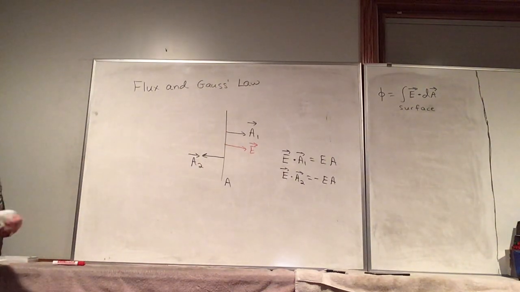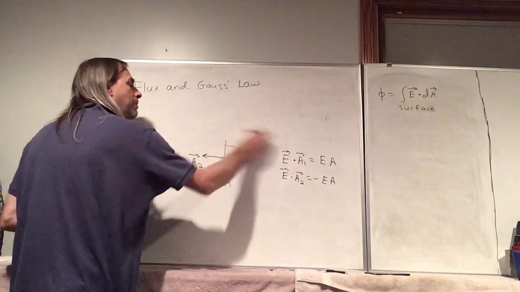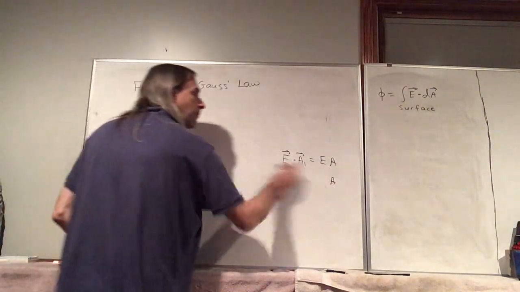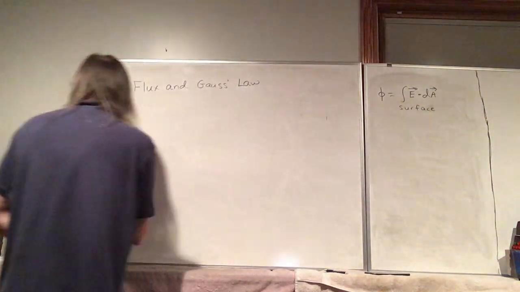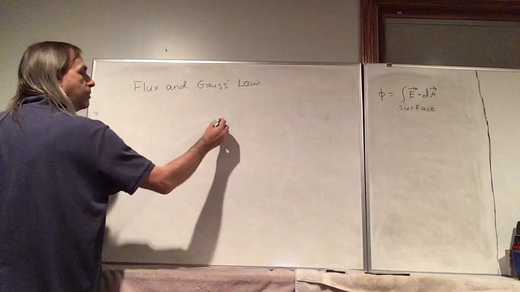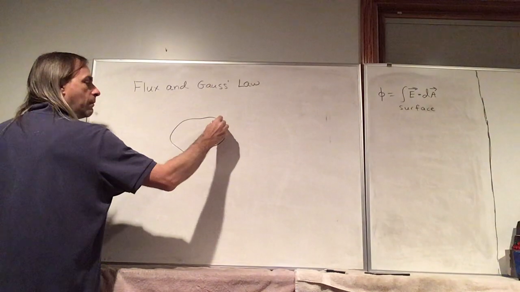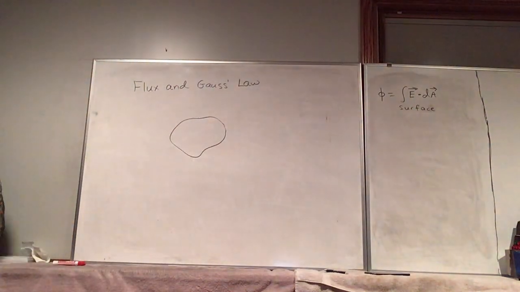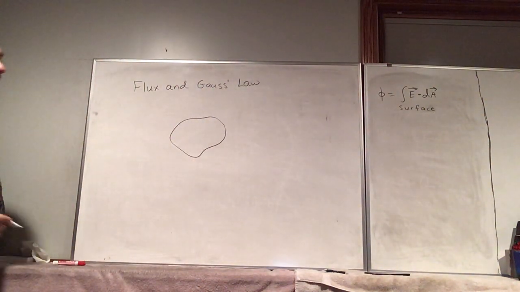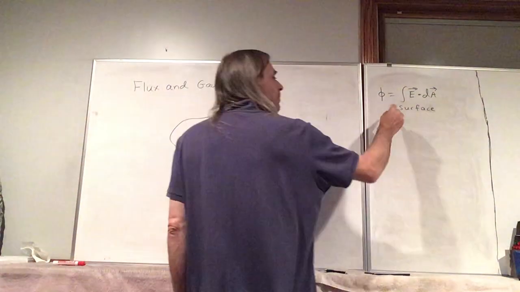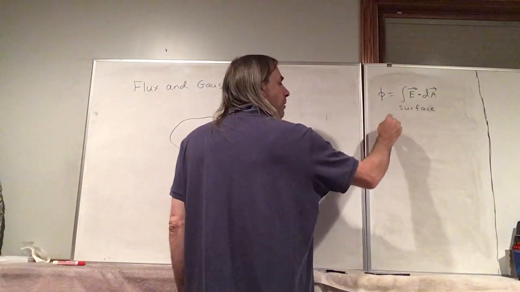Now there's an important type of surface, and that would be a closed surface. So we can have a closed surface, and the flux through this is defined the same way. I'm going to write it down anyways.